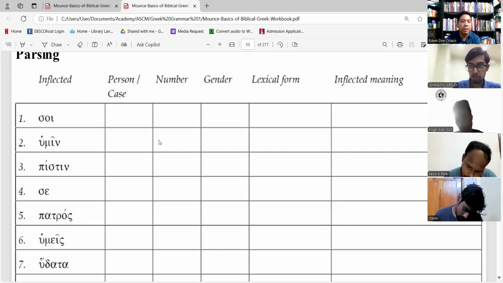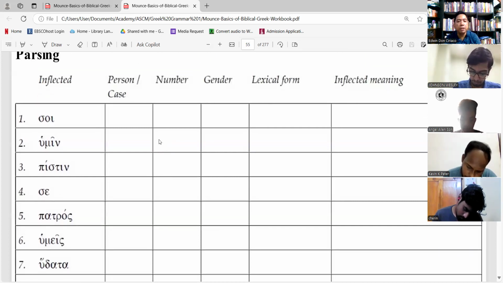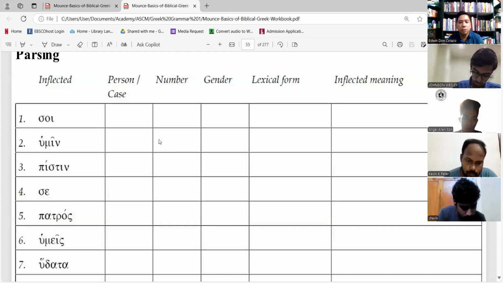And then pistin. Okay, pistin, the word is accusative, right? It is accusative singular, gender is masculine, lexical form is pistos, and the inflected meaning is faith in the accusative form.